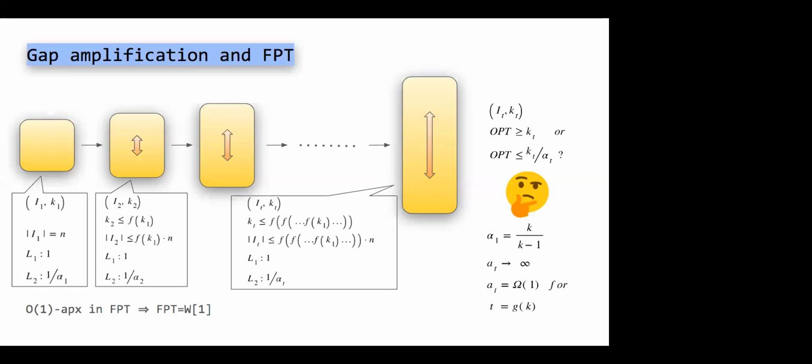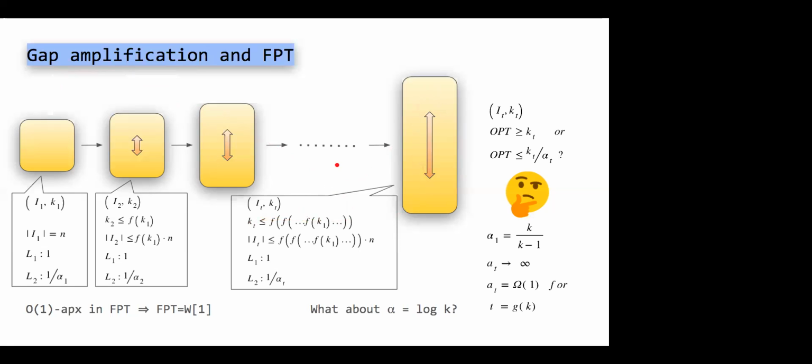And this can also allow us to rule out a super-constant approximation, but this is a bit more tricky. If we wanted to rule out logarithmic approximation, to say that on the very end, if we had a logarithmic approximation, then we could solve the problem on the left, then observe that the new parameter is k of t, which can be very large.